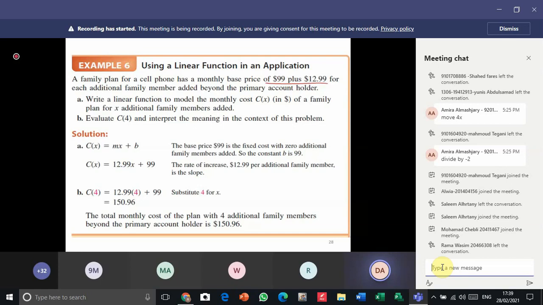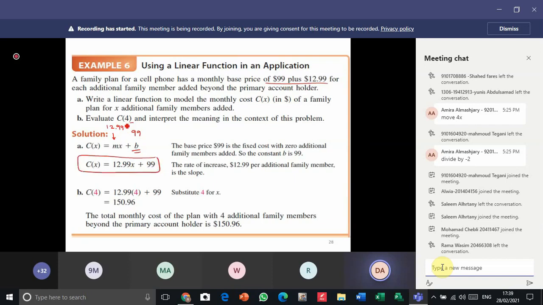So the first value is 99. This is the fixed value, so b is 99, and for any additional members we need to add 12, so the slope equals 12.99. So we have the formula like this.